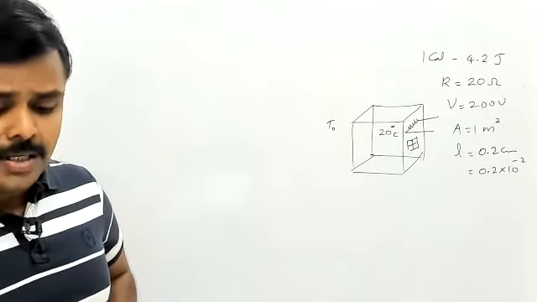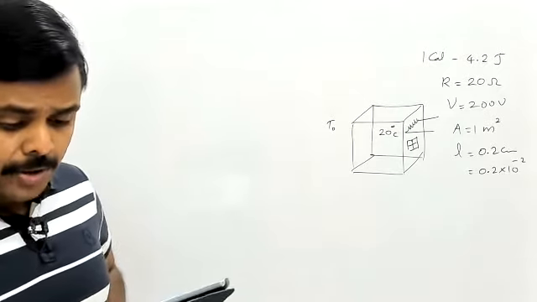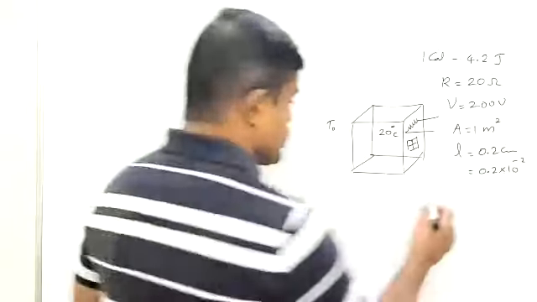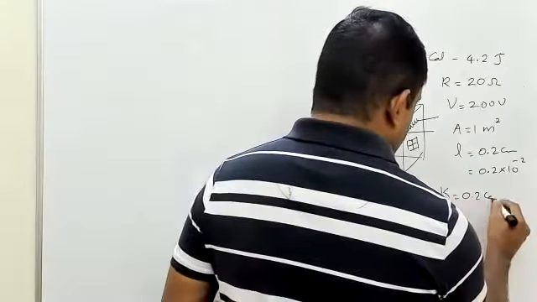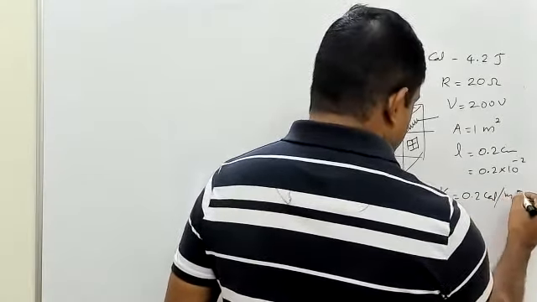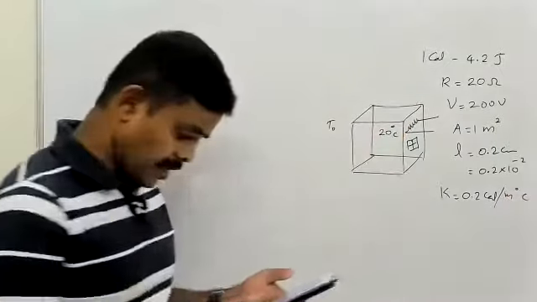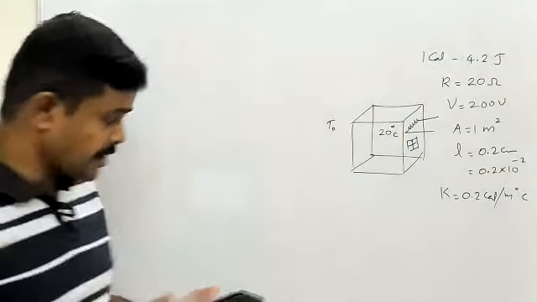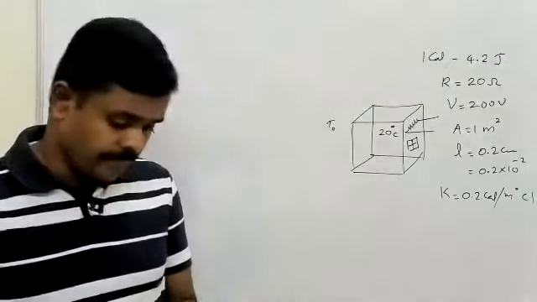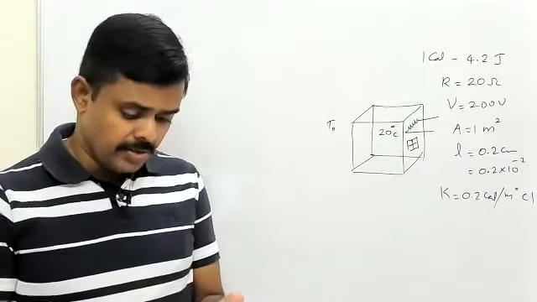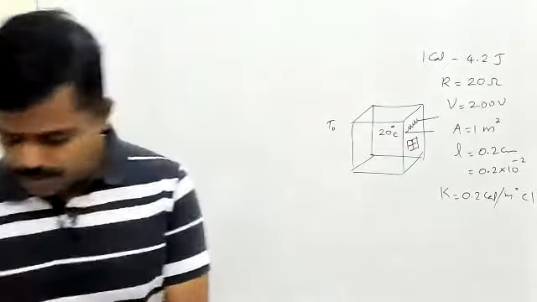What will be the temperature outside? Thermal conductivity is given as 0.2 calorie per meter per degree Celsius per second. Okay, fine. So let us see the question now.